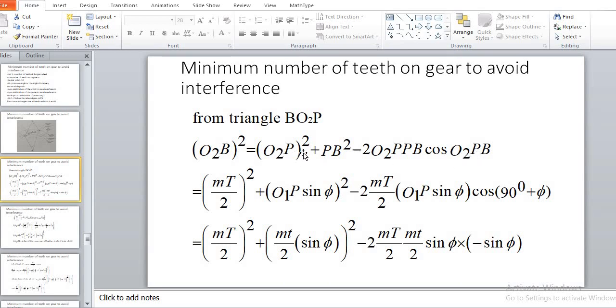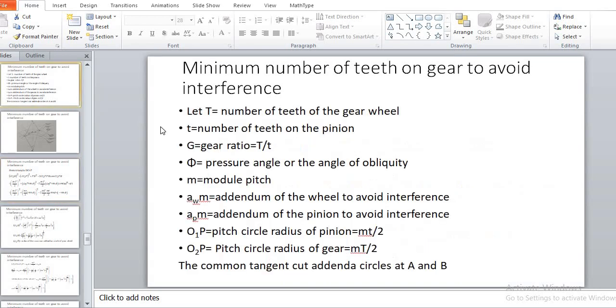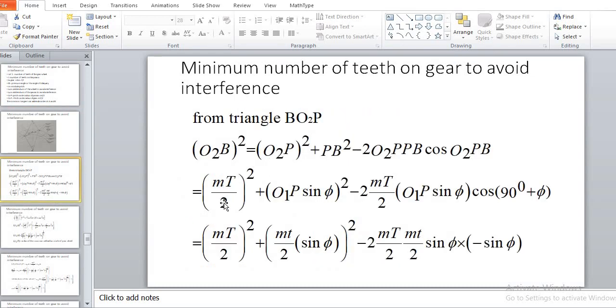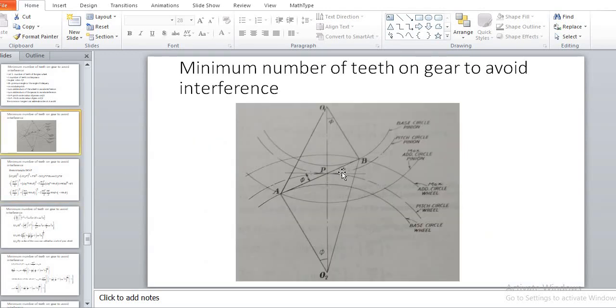Now put in the values of these lengths. O2P we represented as mt by 2. PB is represented as O1P sin phi; for this right-angle triangle, PB we can calculate as O1P sin phi.